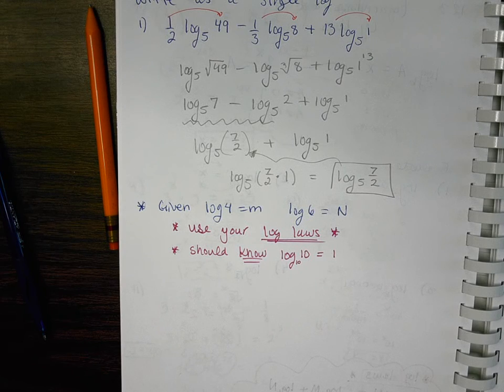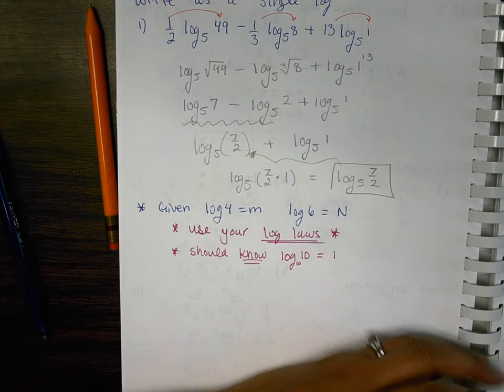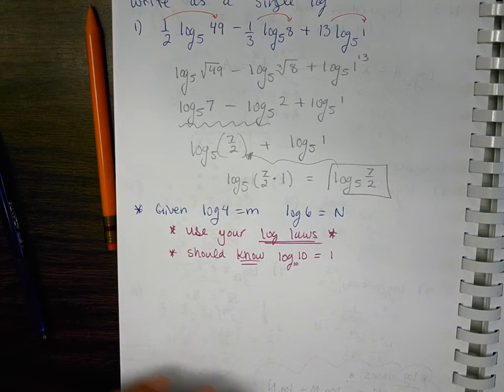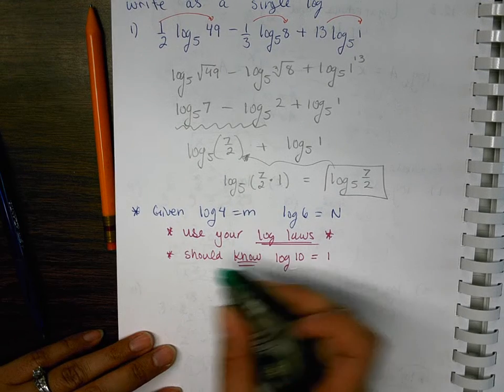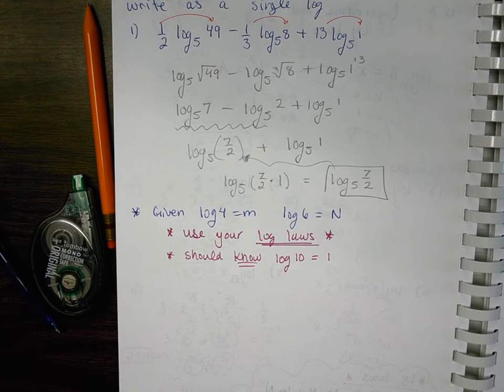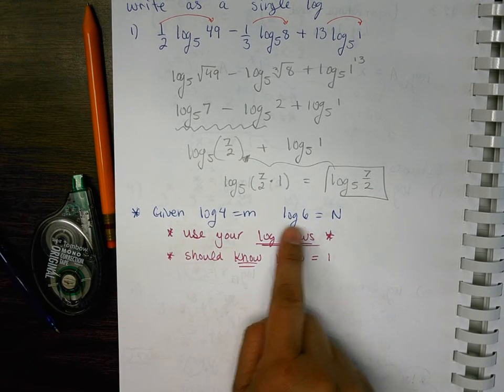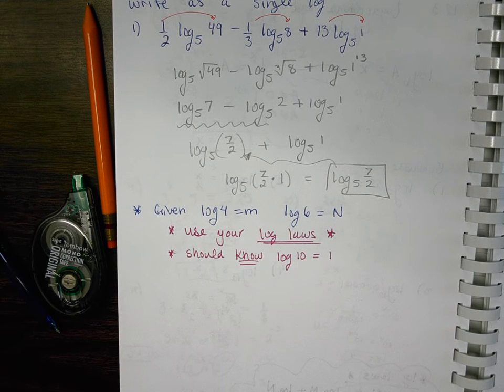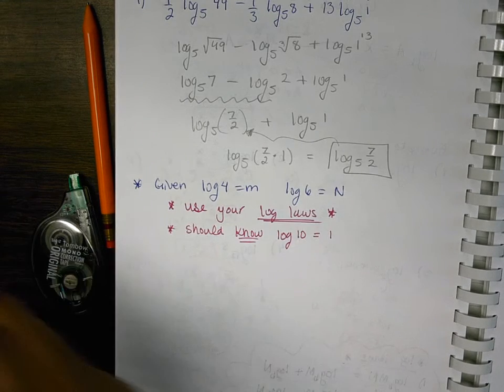Okay, they didn't give us that. Should we know it? Log base 5 of 5 is 1. Log base 2 of 2 is 1. Does that make sense? Yeah. So since the base is 10, log of 10 equals 1. Yes? All right.